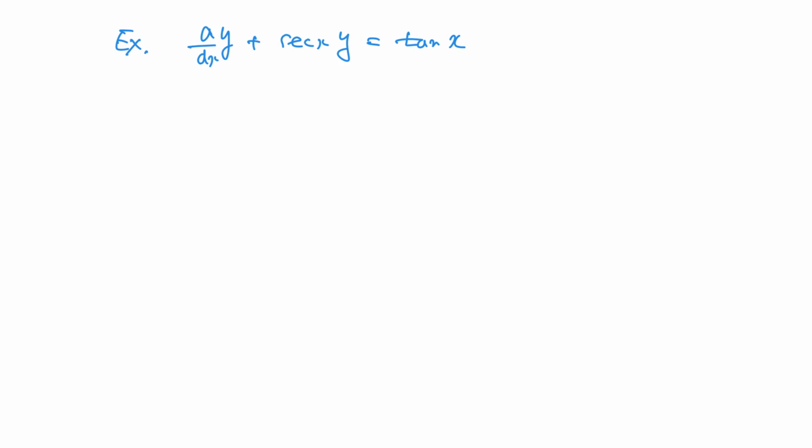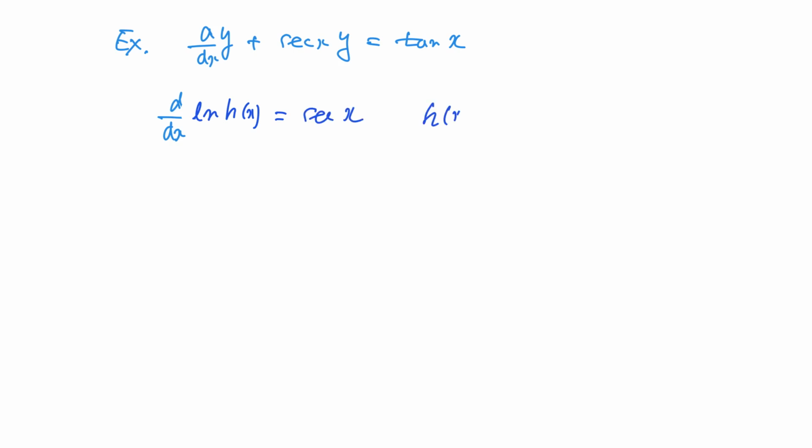So the first step, d/dx ln h(x) is given by secant x.